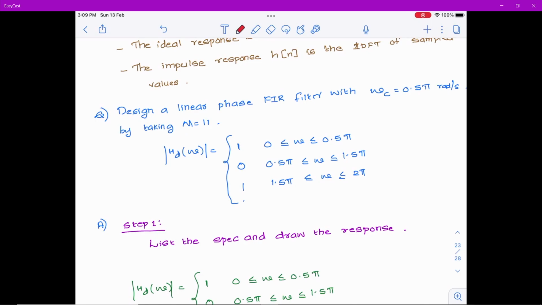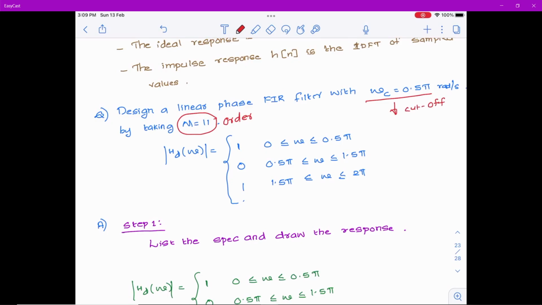So as you already know, this M is the order of your filter. Order means how many non-zero elements of h of n will be there. That is called the order. And omega c is the cutoff frequency.